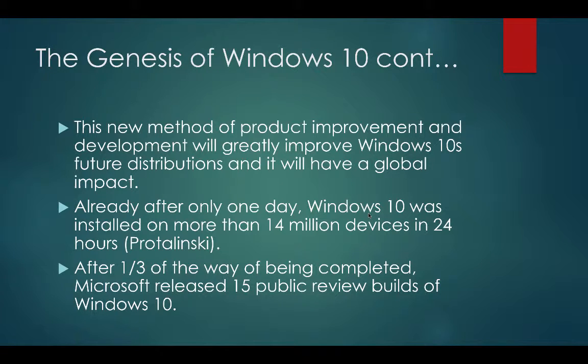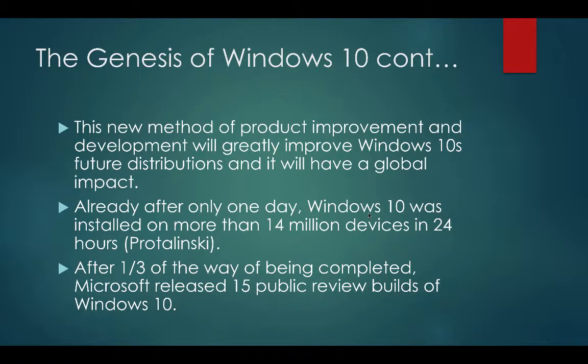This new method of product improvement and development is improving Windows 10's future distributions, and it will have a global impact for Windows users. Already after 1 day of Windows 10 being released, more than 14 million devices worldwide had installed the new operating system.